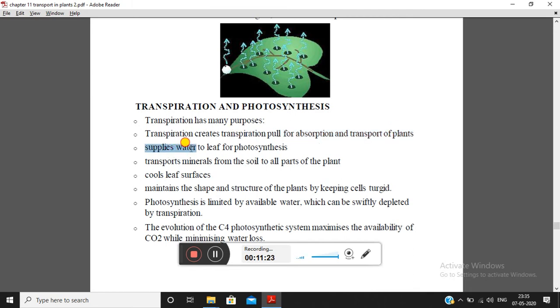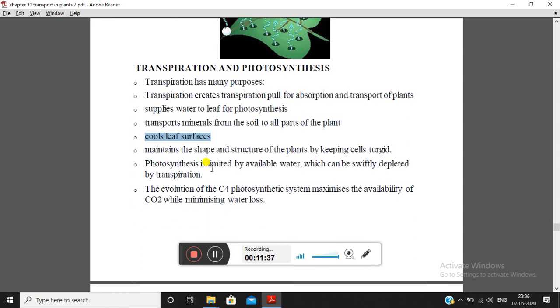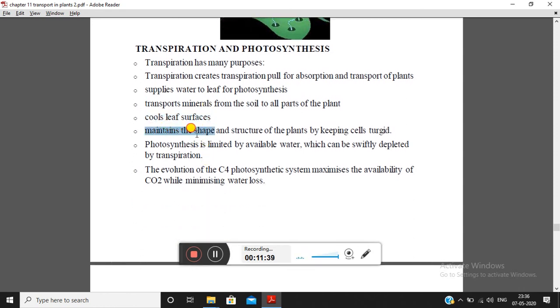It also supplies water to the leaf, and that is necessary for photosynthesis. Transpiration helps in the transport of minerals from the soil to all parts of the plant. Also, transpiration helps in cooling the leaf surfaces. It also helps in maintaining the shape and structure of the plant by keeping the cells turgid.